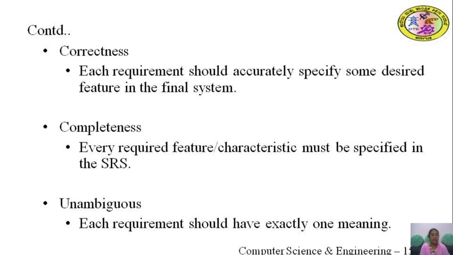Next is completeness. An SRS is complete if all the requirements a software is supposed to do are mentioned or specified. Every required feature or characteristic or functionality or operation must be specified.